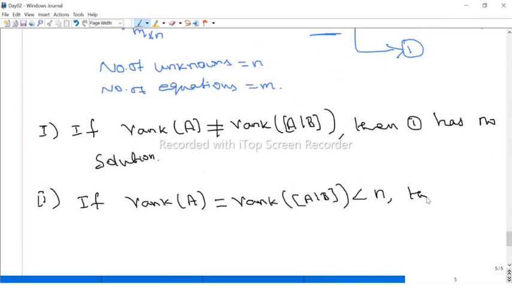Then the system 1 has infinitely many solutions.